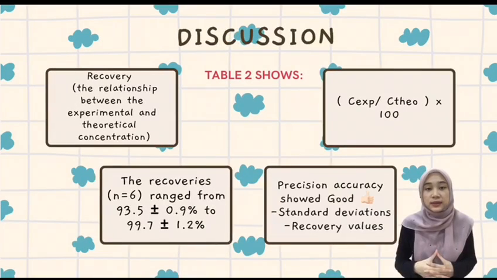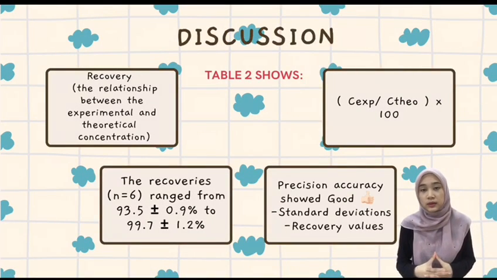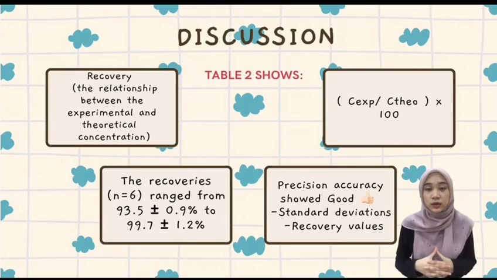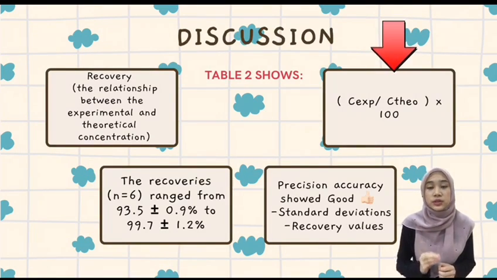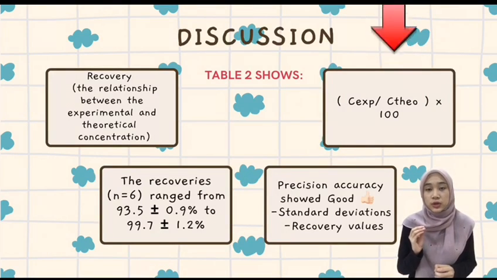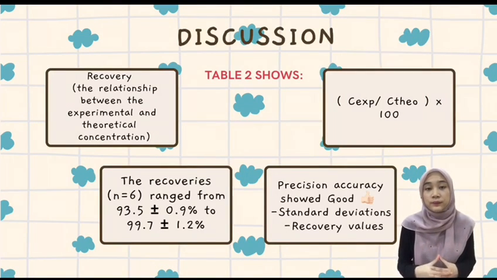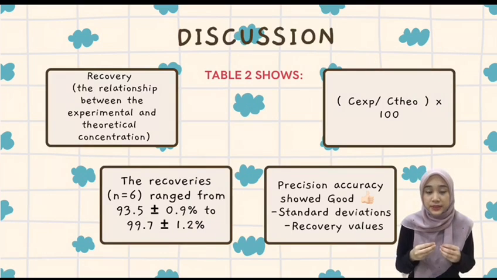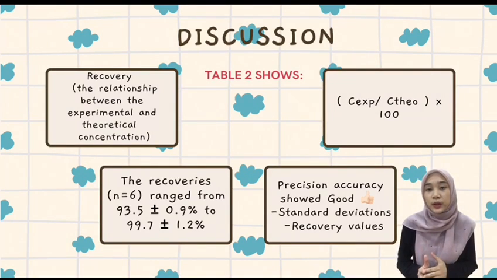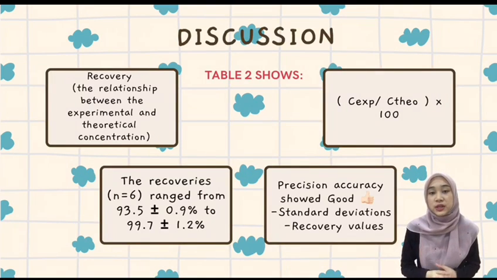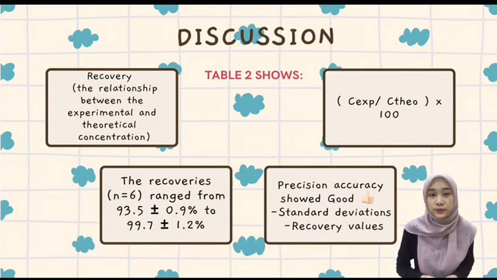Recovery was estimated as the relationship between the experimental and theoretical concentration, expressed as a percentage: experimental concentration divided by theoretical concentration multiplied by 100. The recoveries, where n equals 6, ranged from 93.5 plus or minus 0.9% to 99.7 plus or minus 1.2%. Precision and accuracy showed good standard deviation and good recovery values.